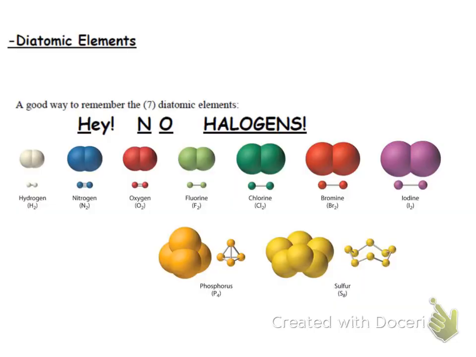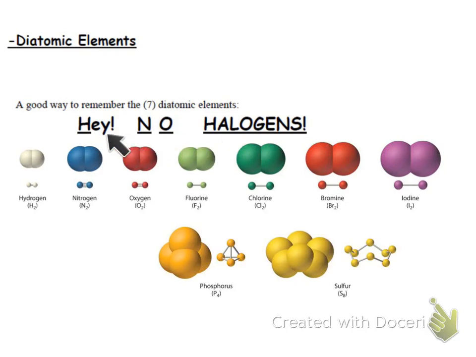So, a couple more formulas that we haven't done. We've talked a little bit about this in bonding, but now you're expected to remember that there are 7 diatomic elements, which are hydrogen, nitrogen, oxygen, and then the 4 halogens. One mnemonic to help you remember this is "Hey" with a capital H, no halogens.